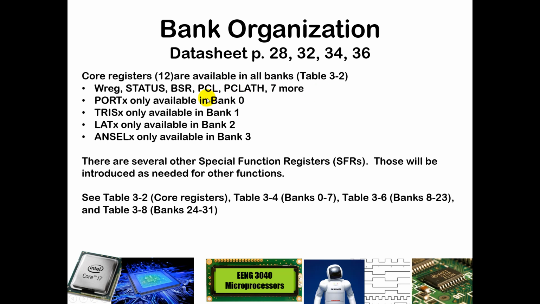And then keep in mind some of these commonly used ones. The port registers are available in bank 0. The tri-state registers are available in bank 1. The latch registers are available in bank 2, and the analog select registers are available in bank 3. Those are the main registers that you're going to need to be working with for the first couple weeks. But I just wanted to introduce those, and you can look in the data sheet to find out much more about each of those specific registers.